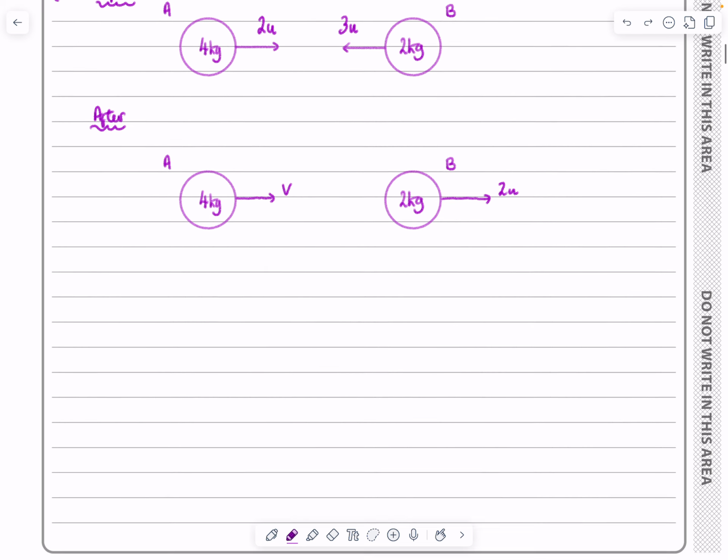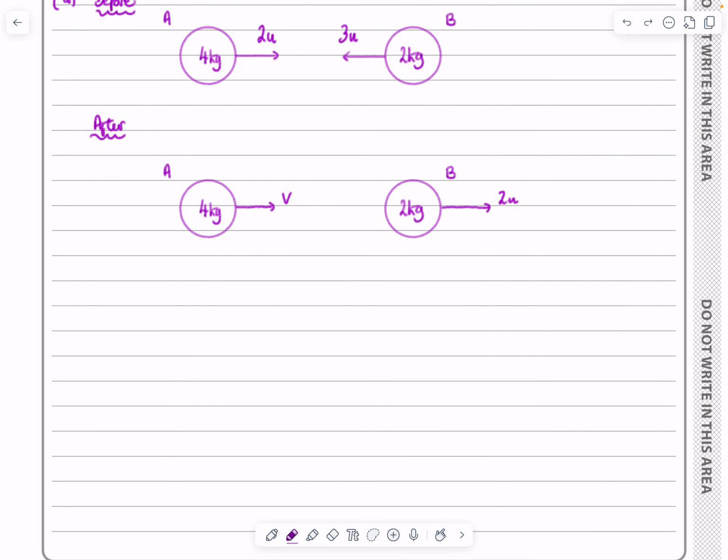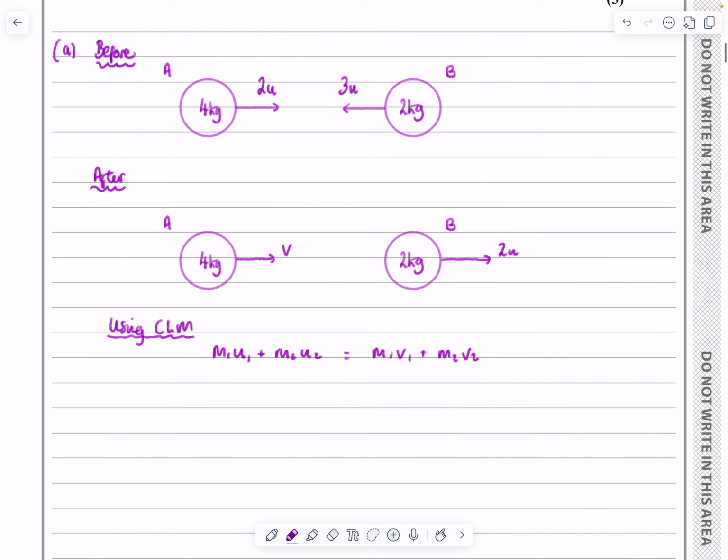And then, as we said right at the start, I'm going to use the conservation of linear momentum, CLM will do for that. I always write out the formula, M1U1 plus M2U2 is equal to M1V1 plus M2V2, and then I'm going to take that direction as positive for this part of my question.